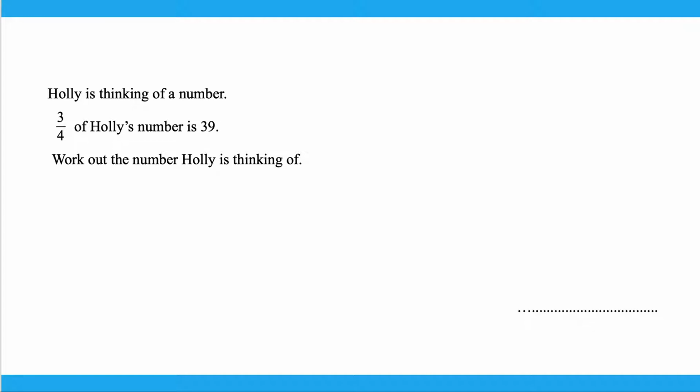Okay, another type of question. Holly is thinking of a number. 3/4 of Holly's number is 39. Work out the number Holly is thinking of. So this question is telling you that 3/4 of a number, a blank box, is 39.